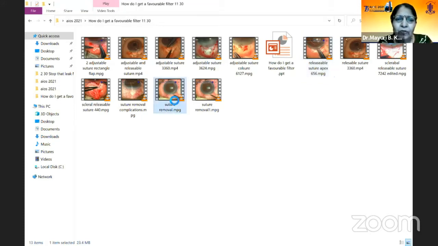Now how to remove this suture? Can you see? Can't see, madam. Ma'am, actually it is running in your taskbar, so you have to select the VLC option in your taskbar, ma'am. There is a VLC option.